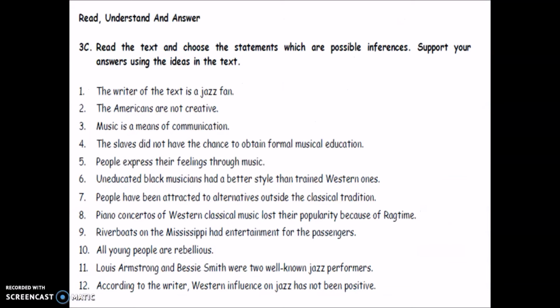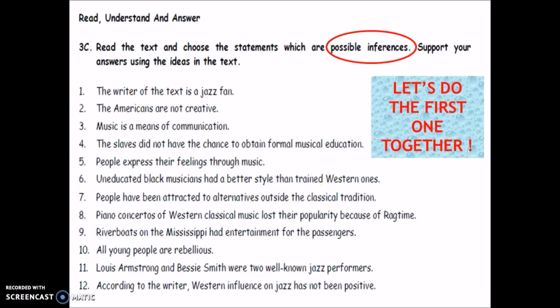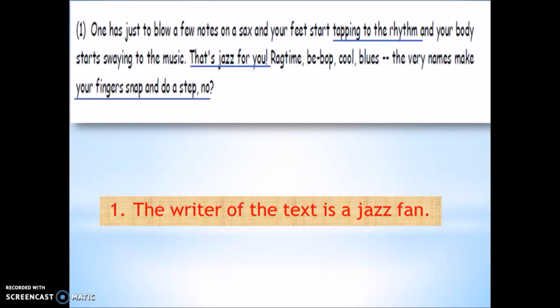In exercise 3C, however, it wants us to read the text and choose the statements which are possible inferences. So let's do the first one together, guys. So the writer of the text is a jazz fan. Is that right? How do we know that? How can you get that inference? How do you understand it from the text? You see, that's jazz for you.